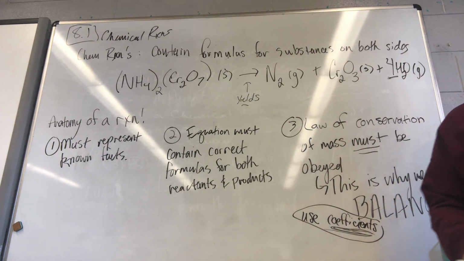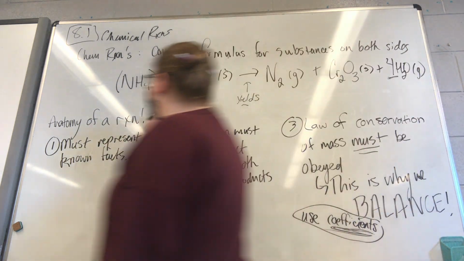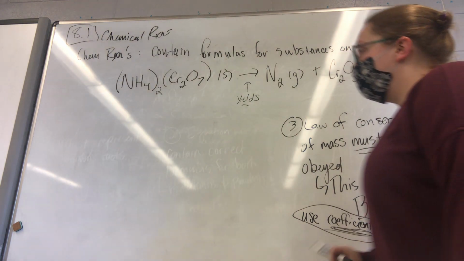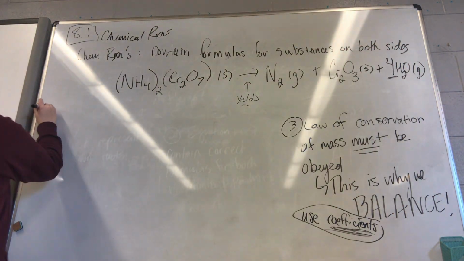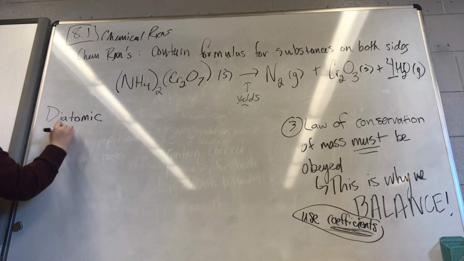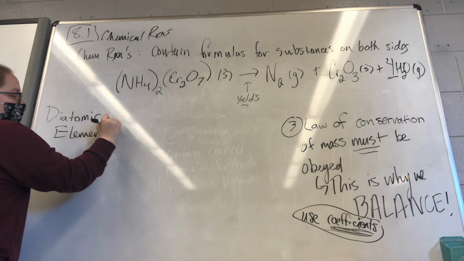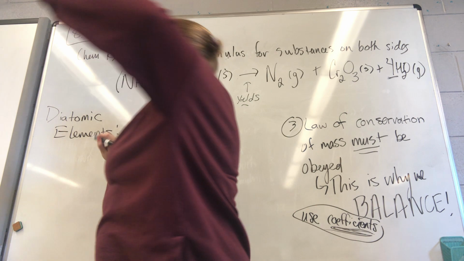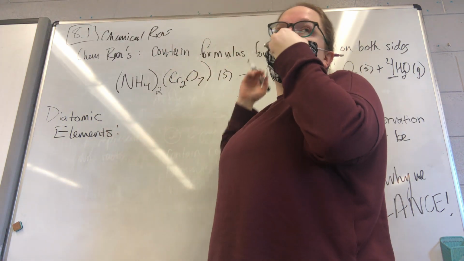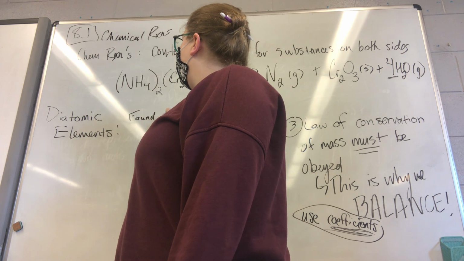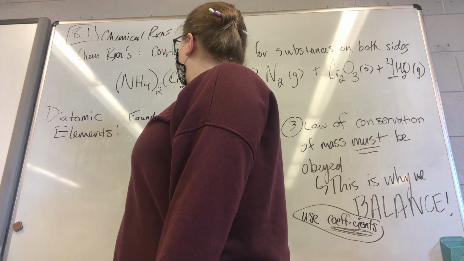The first of which is the diatomic elements. What are the diatomic elements? It starts with hydrogen. But first, before we name what they are, what does that mean? Diatomic means they're found as twins.